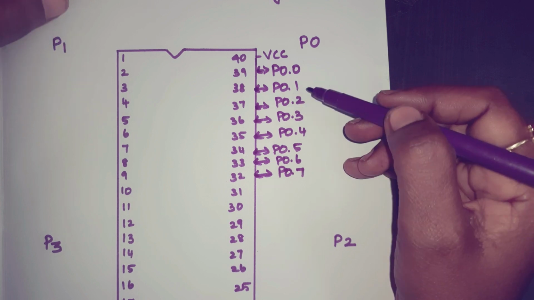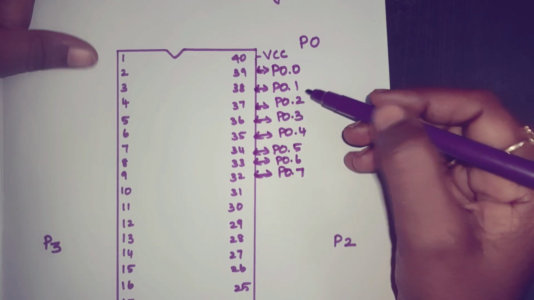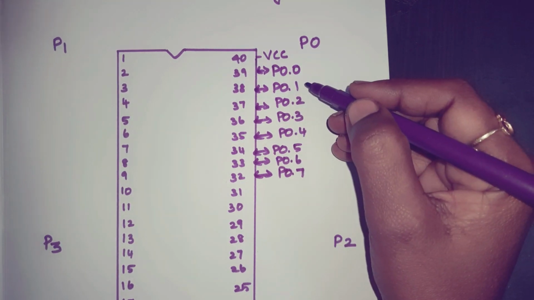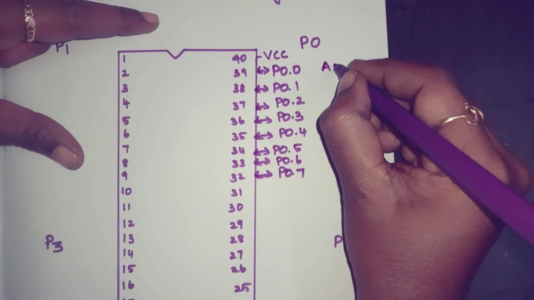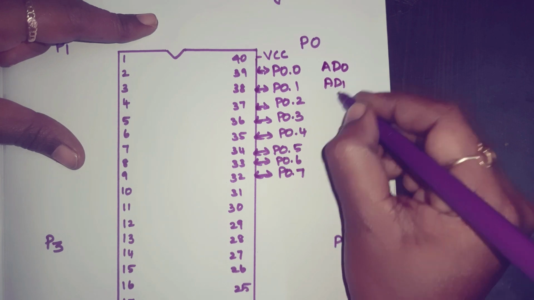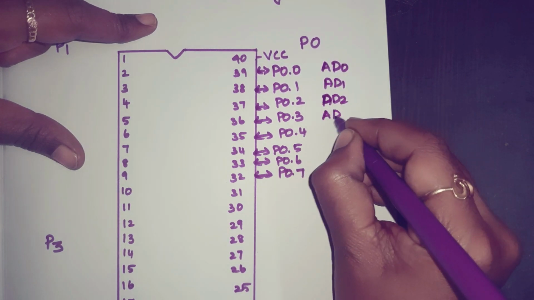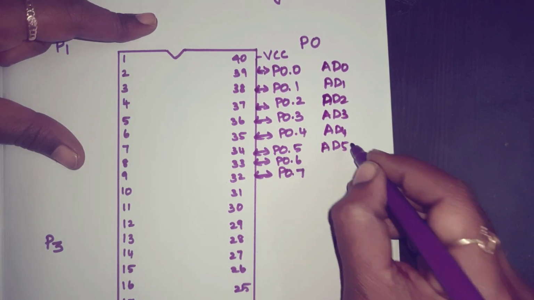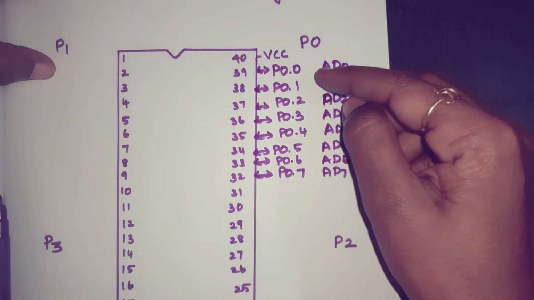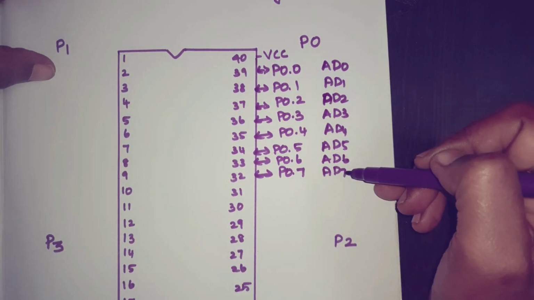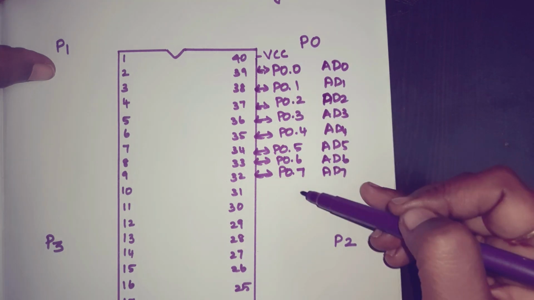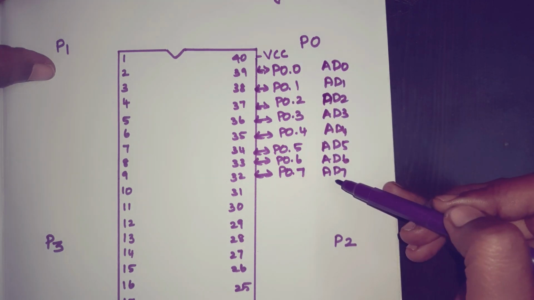Other than this, it has some additional functions. It will act as a multiplexed address and data line. So it is called AD. In port 0, your lower bytes of address and data lines are multiplexed. So these lines are also called AD0 to AD7.